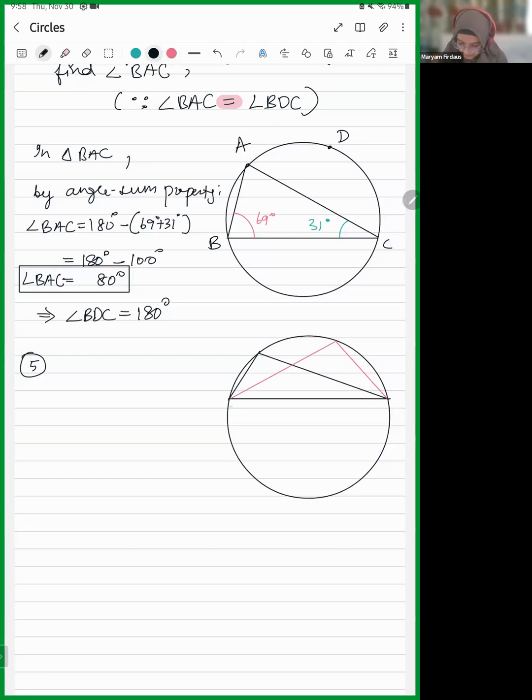So this is D, A, D, C. Now, this angle over here, let's call this point E. This angle they're saying is 130 degrees. And angle ECD is 20 degrees. And they are asking us to find angle BAC. Angle BAC is this one.